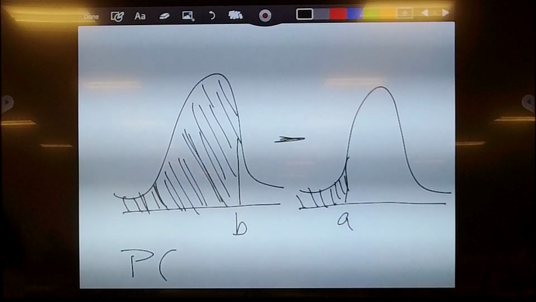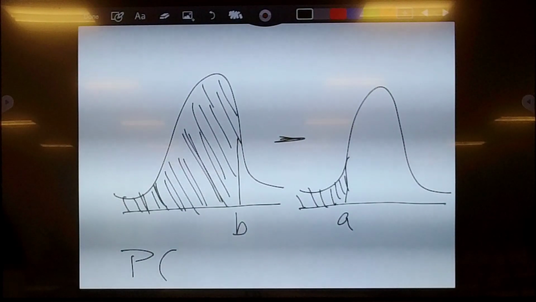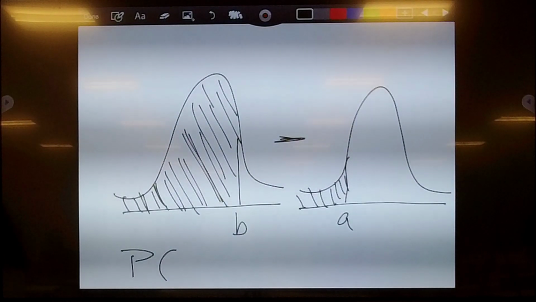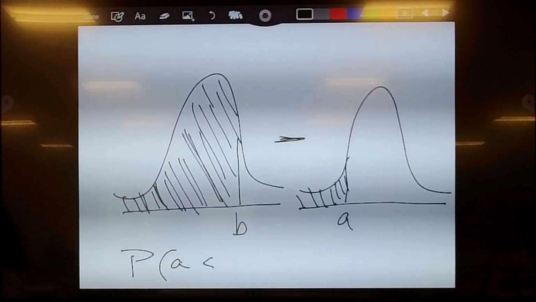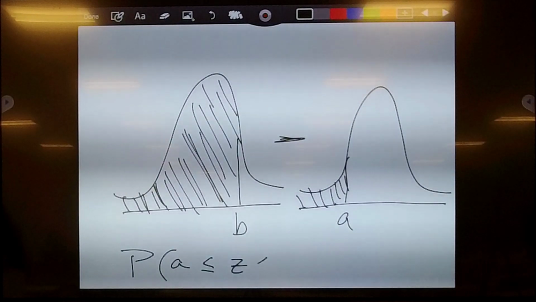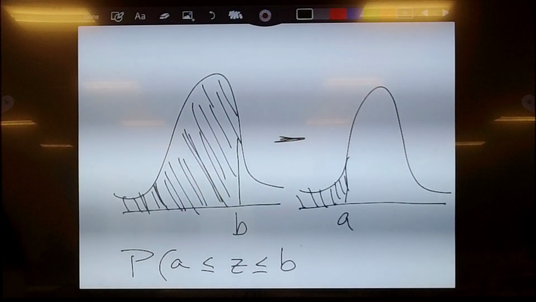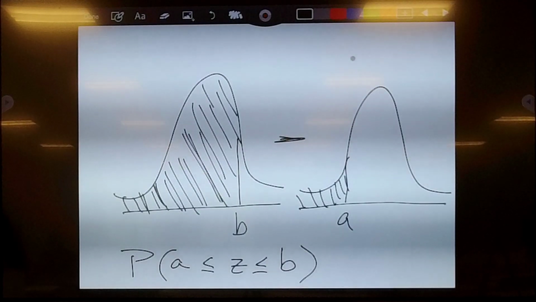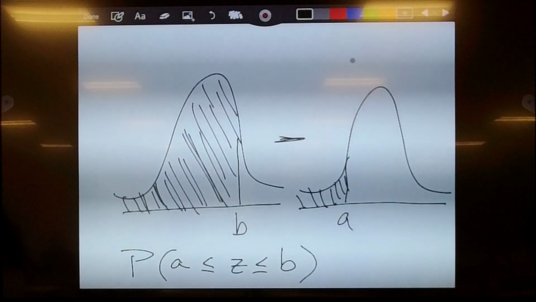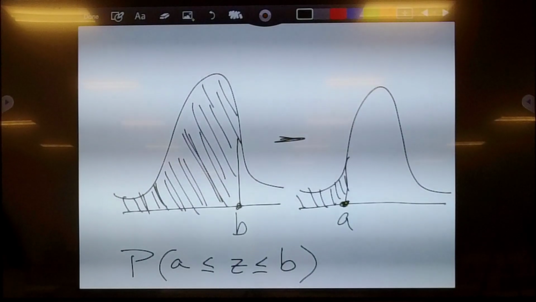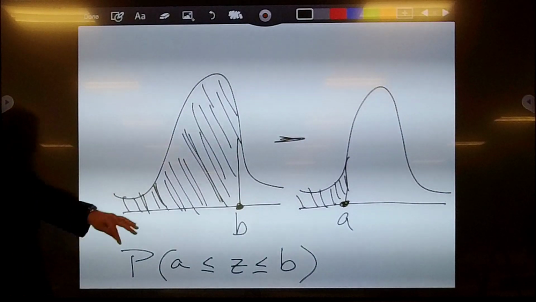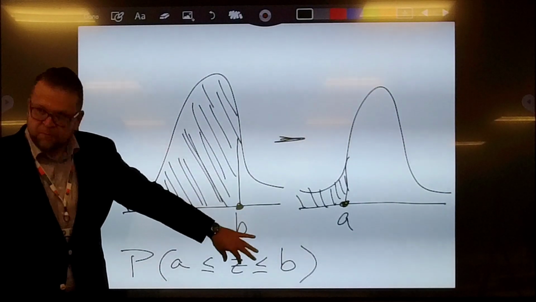The notation would be the probability that we saw our z-score coming out in between A and B. A and B are fixed numbers. This is the one that gets randomly selected.